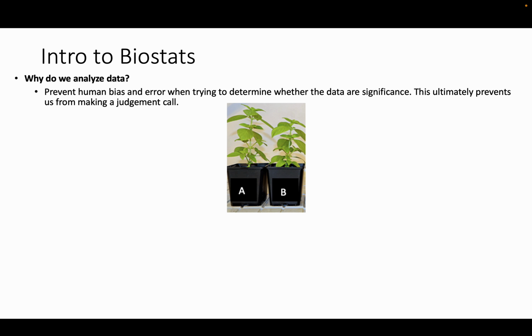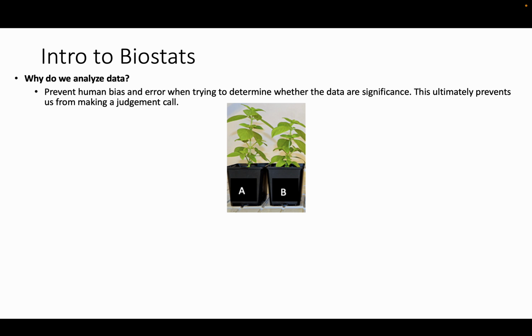So, for an example, if you take a look at these two plants, one plant was given fertilizer A, the other plant was given fertilizer B. In this example, at this point, you can just see that there's only one sample size. So, it's not a good experiment to begin with.